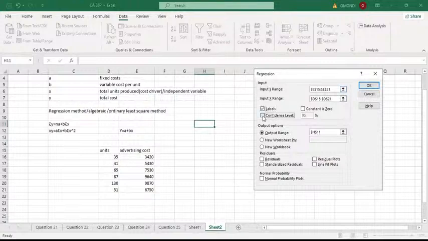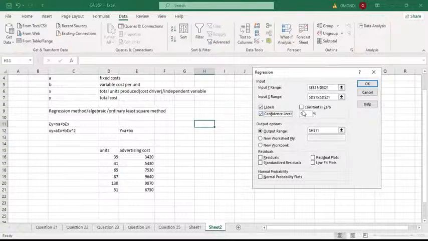Then we mark the confidence level box and make it 95%. Of course, you can have 85 or 90 depending on what you want to do, but for our case, let's use 95. The next thing you are supposed to concentrate on is this part. Do you want it to be in a new worksheet or in the same worksheet?